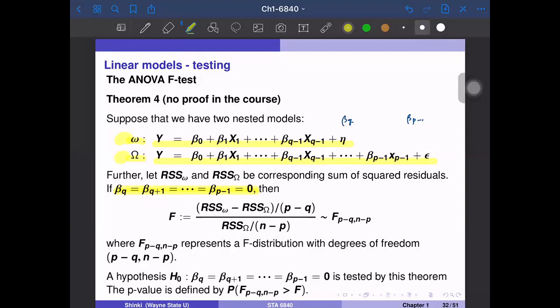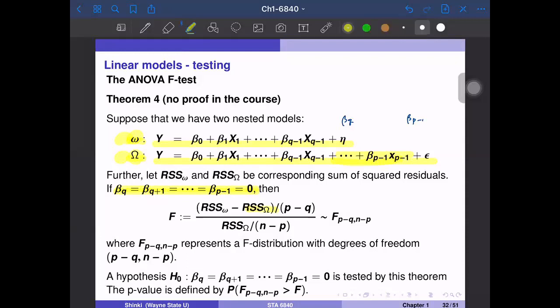And how to test? The idea is using the residual sum of squares. Lowercase omega is the smaller model, capital omega is the larger model. If the additional variables are useful, then the residual sum of squares for the second model should be much smaller than the first model.